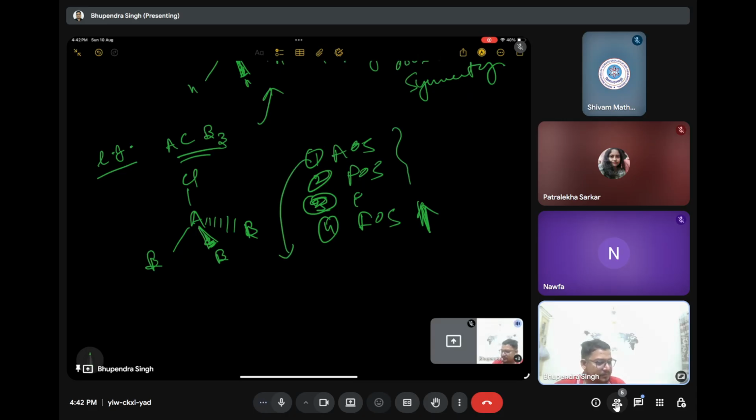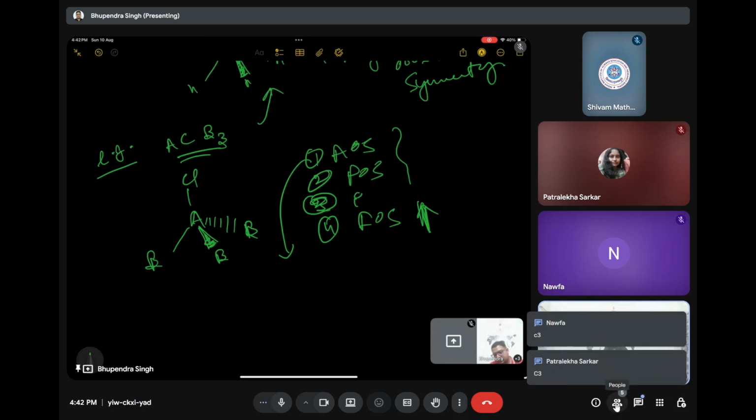What axes are present? Is an axis of symmetry there or not? And which axis of symmetry is there? C3, yes, C3 is present.